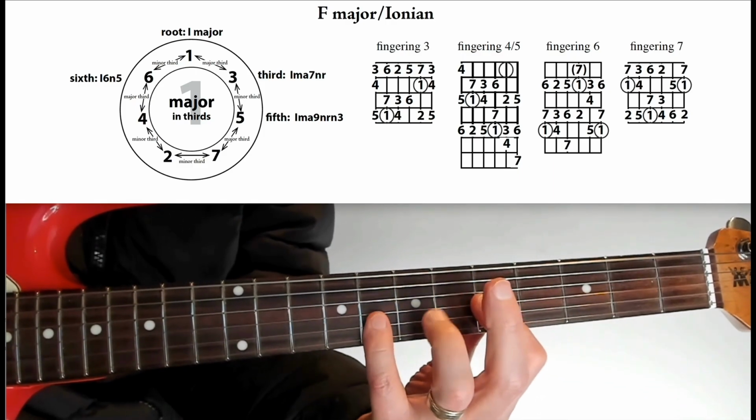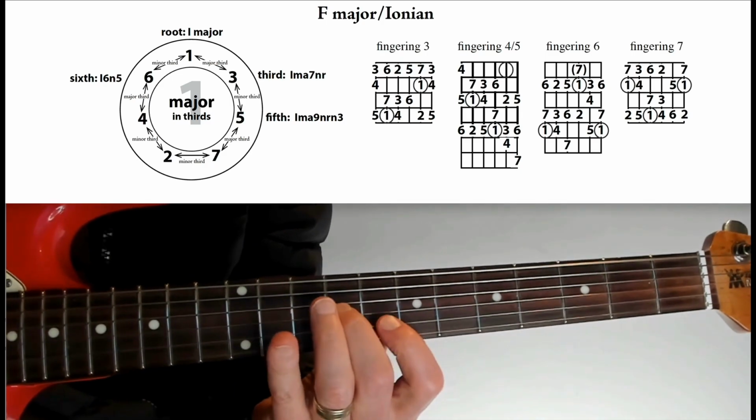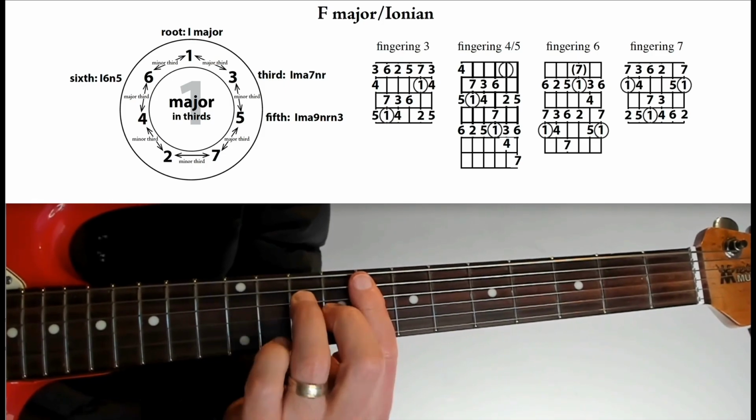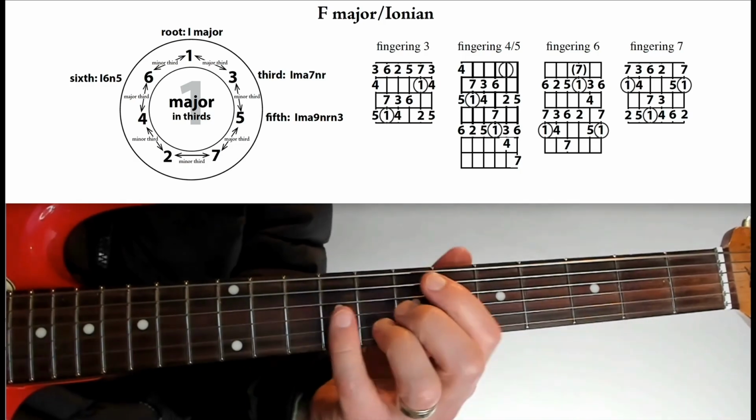Here's C, E, G in the high range, C, E, G, with an F bass, makes an F major ninth with no third.